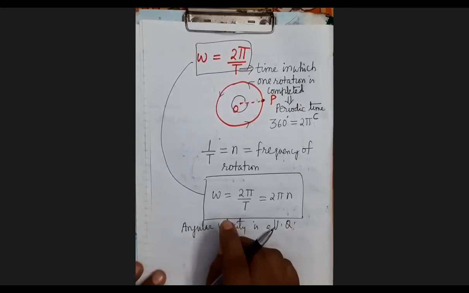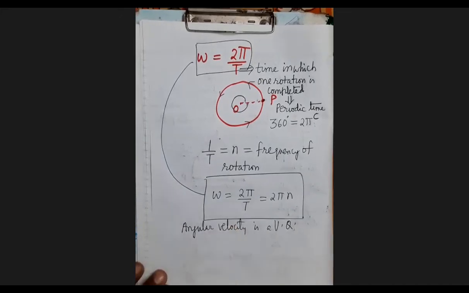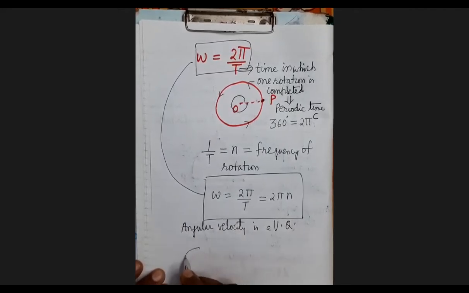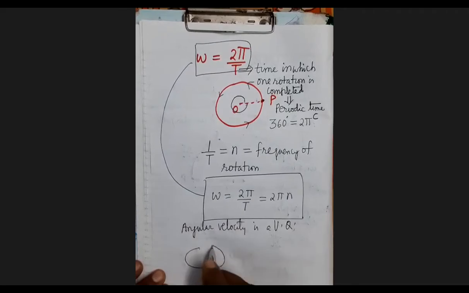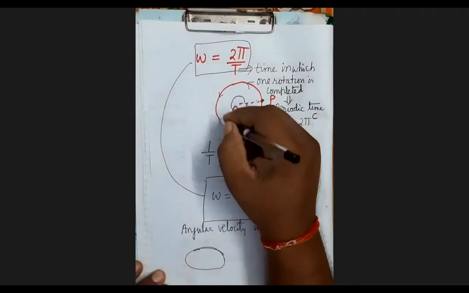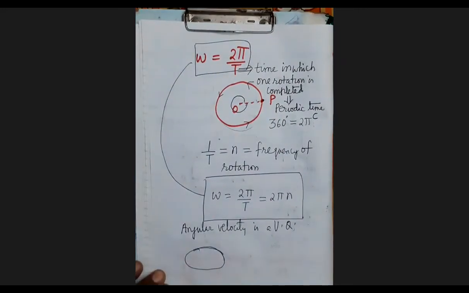See here, its direction will be the same as the direction of the angle by which it moves along the circular path. Suppose it is describing anti-clockwise motion. If it is moving anti-clockwise, it means this way.